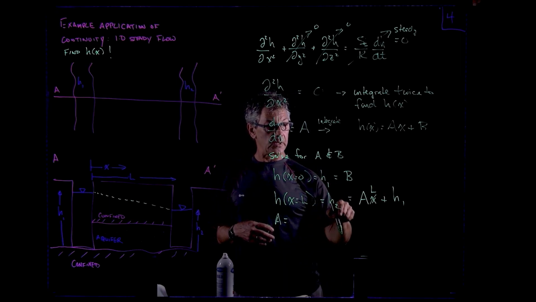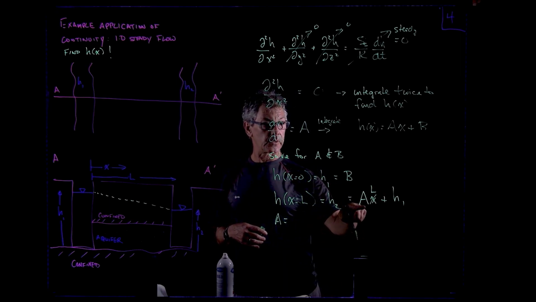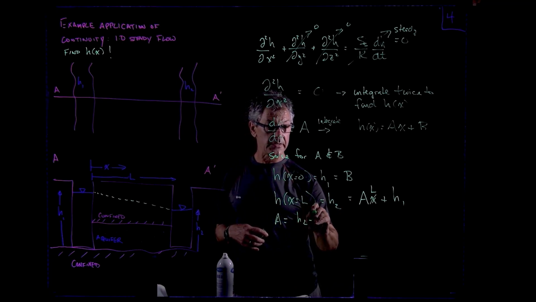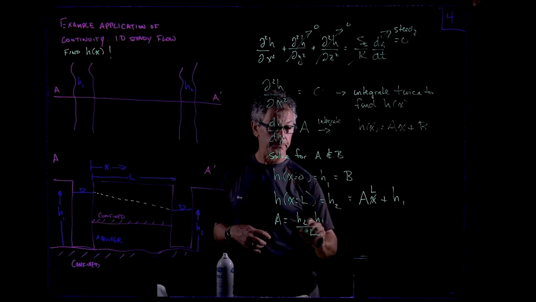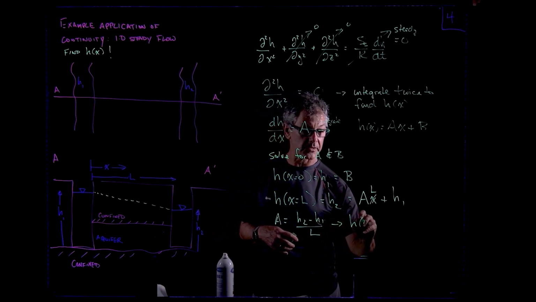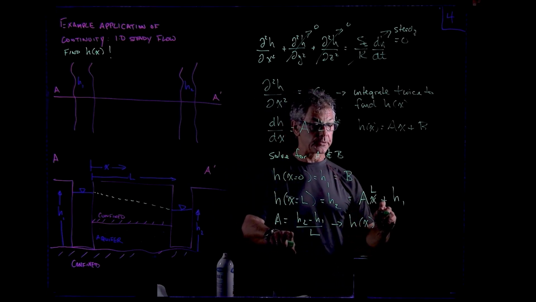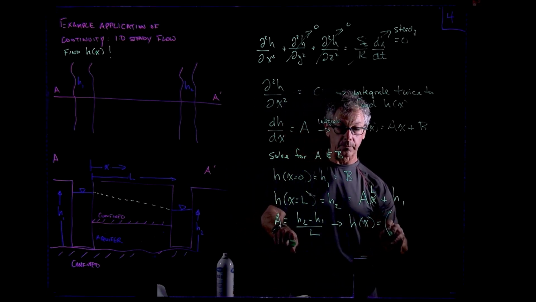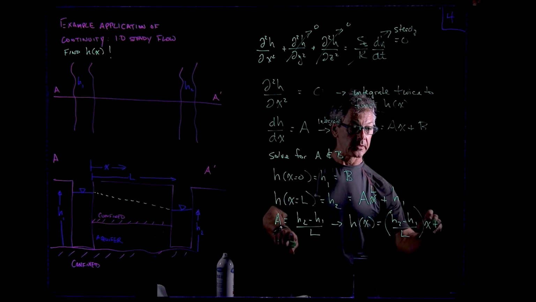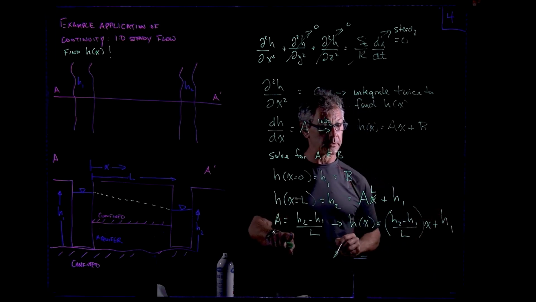And so we can solve for a, and that's going to be (h2 minus h1) over L. And then that means that we have h of x is equal to (h2 minus h1) over L times x plus h1.